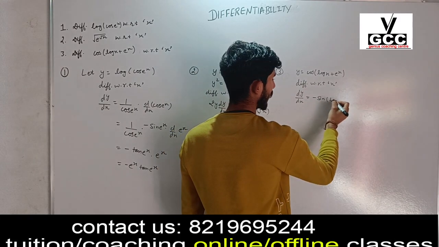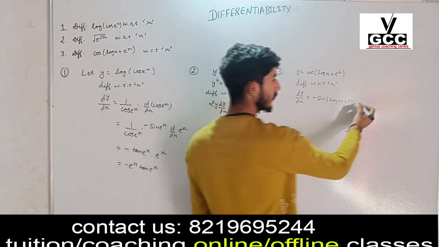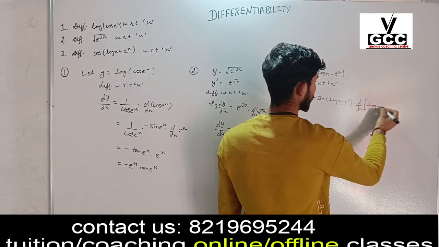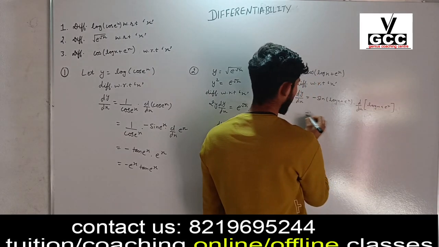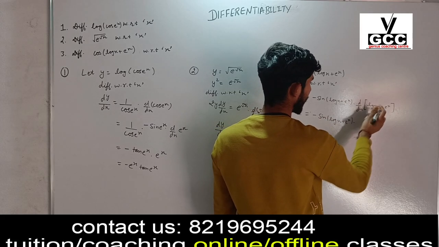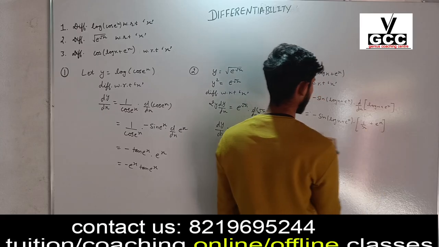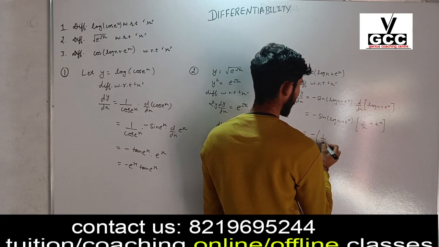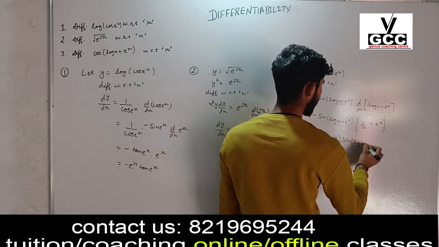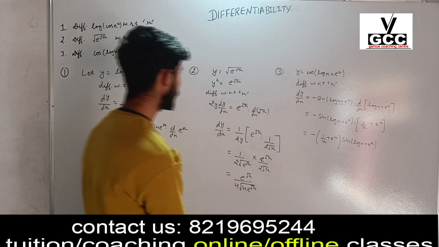That is minus sin of (log x plus e^x). Now the argument is not a simple function, so we have to differentiate it: log x plus e^x. Minus sin of (log x plus e^x), and the derivative of log x is 1 by x and the derivative of e^x is e^x. So the required answer is minus (1 by x plus e^x) into sin of (log x plus e^x). That is the required derivative of the given function.